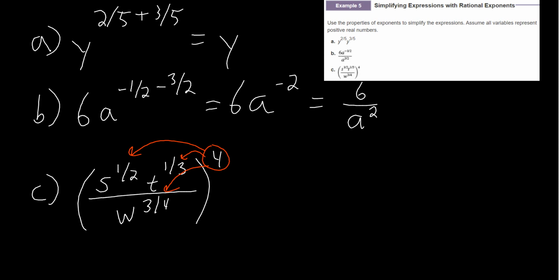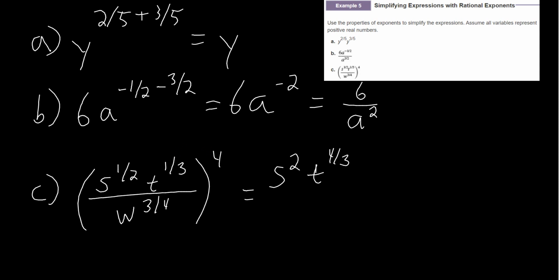Okay, so starting first, we're going to distribute it to the s to the 1 half. Well, 1 half times 4 is 4 halves, which is 2. So we would say s squared. Distribute this again, so this becomes t to the 4/3.